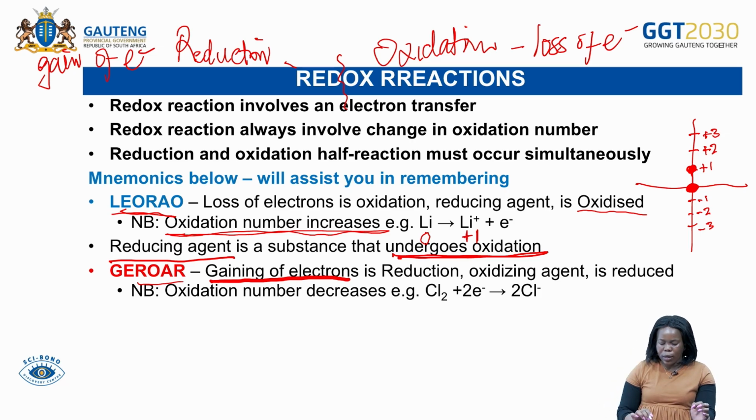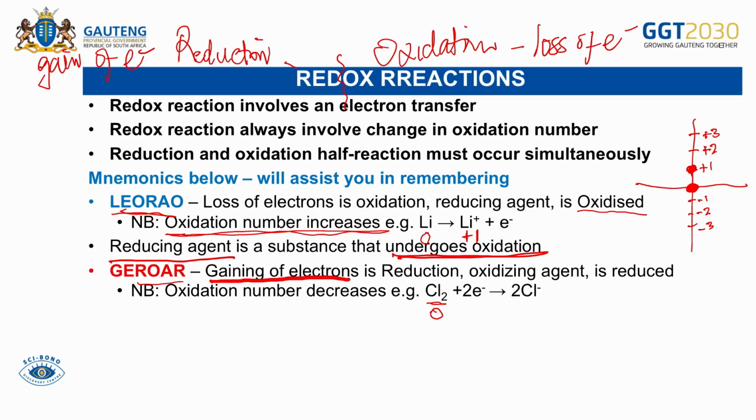So here in this case we still have another diatomic molecule, which is chlorine. Before and after the reaction, here it has an oxidation number of 0.